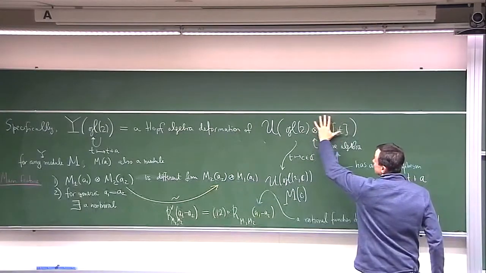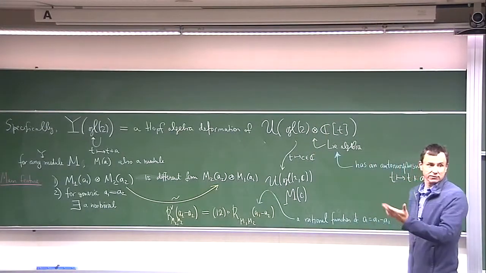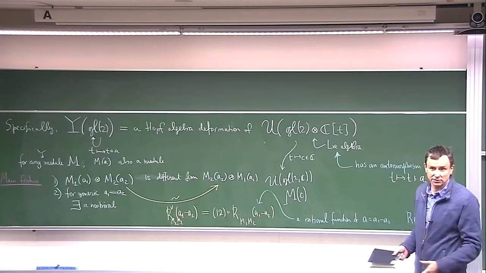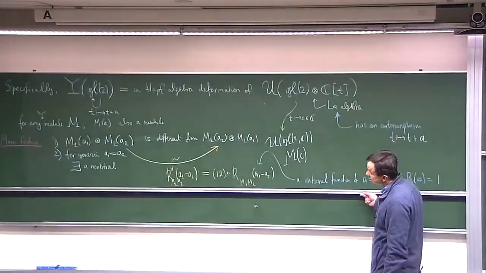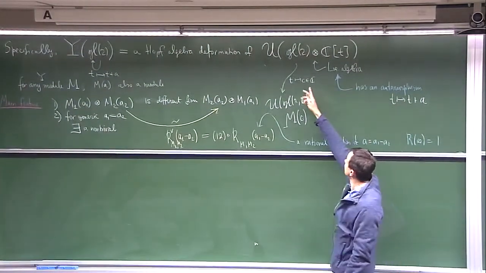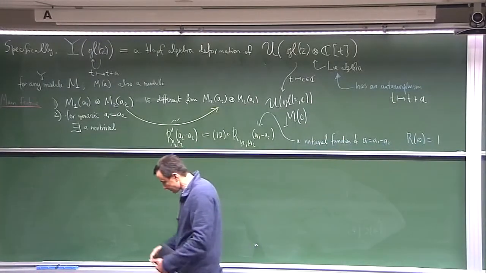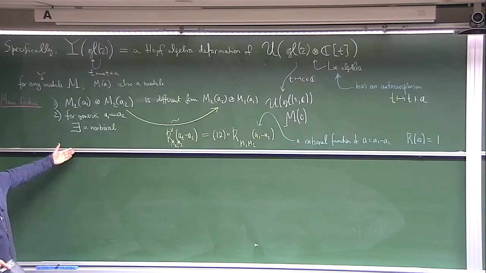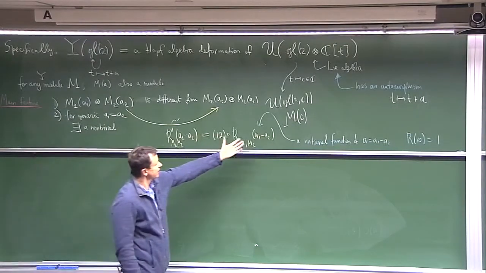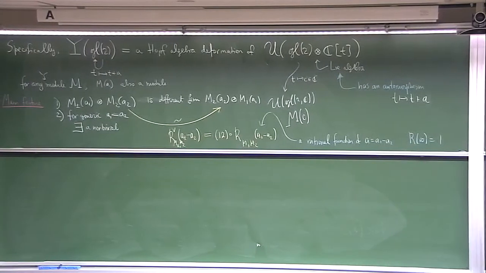I could have started with just the universal development of the algebra itself. It also seems like a simpler thing. And so if I have a finite dimensional Lie algebra, then there's a similar notion, but there's no place for the zeros and poles of this R matrix.